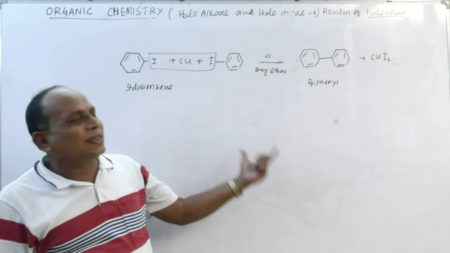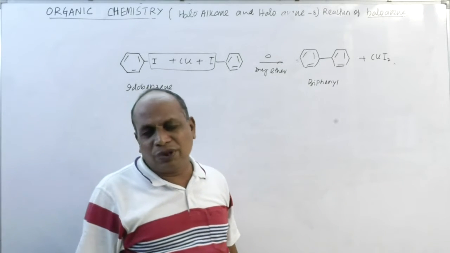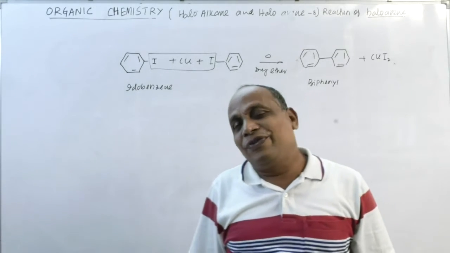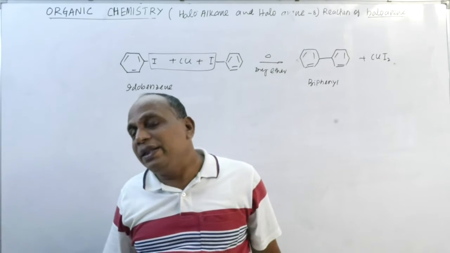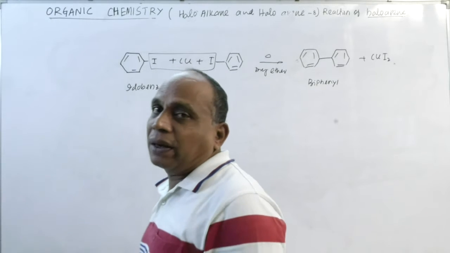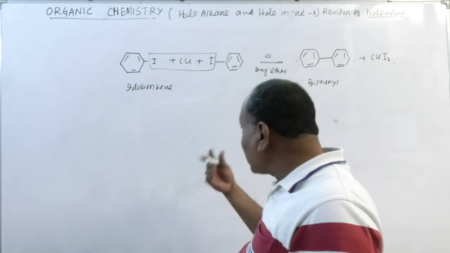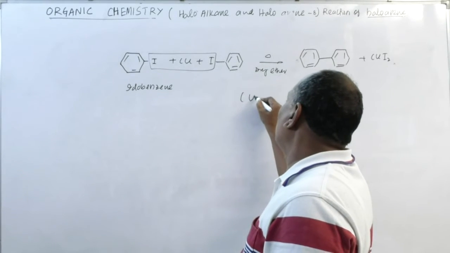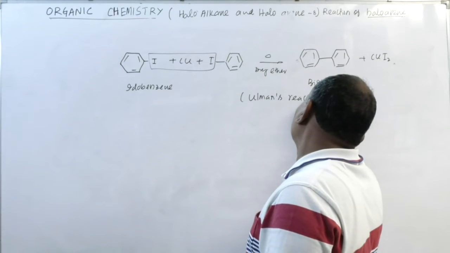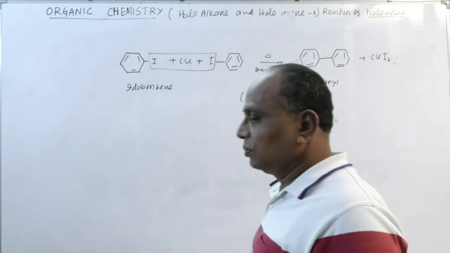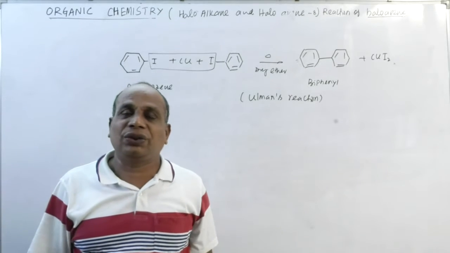It is just like the Fittig reaction. In the Fittig reaction we use sodium, but in this reaction we use copper. So another name of this reaction is Ullmann's reaction.